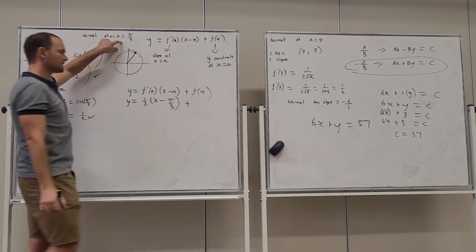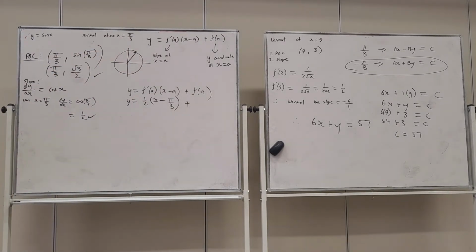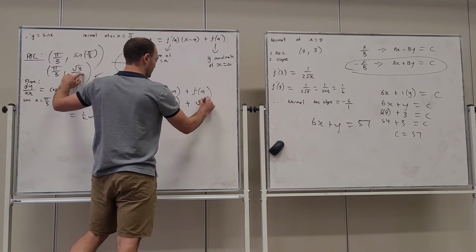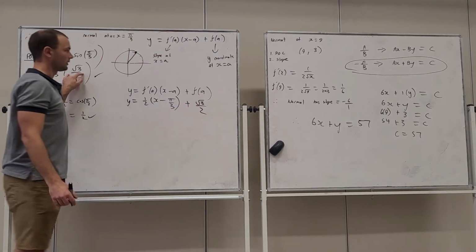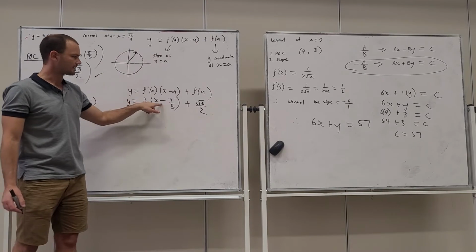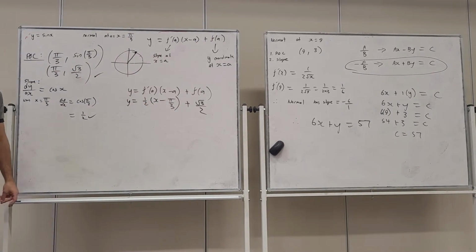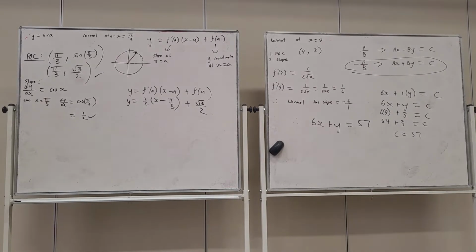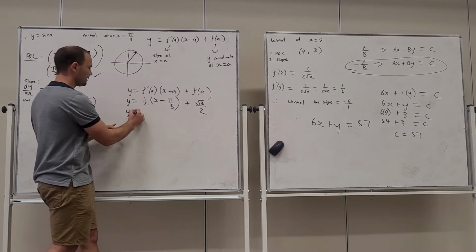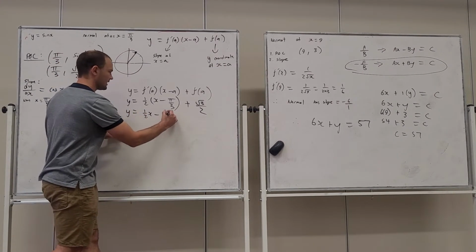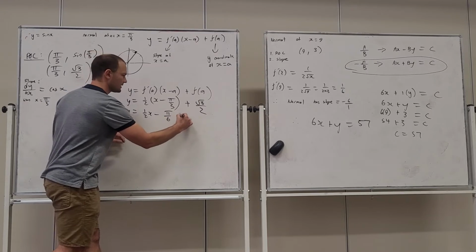And then we have plus the y coordinate, plus root 3 on 2. So slope, x take the value where we're finding the tangent, and then plus root 3 on 2. Now what we would do is expand this and collect like terms if we can. So what we're going to have is half x take pi on 6 plus root 3 on 2.